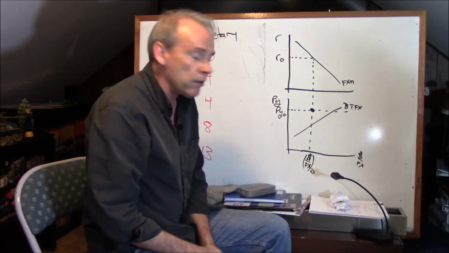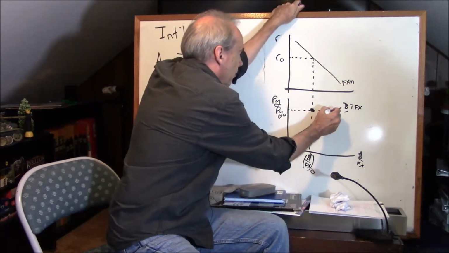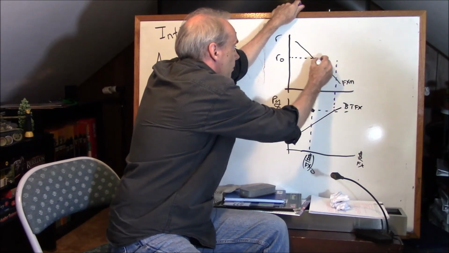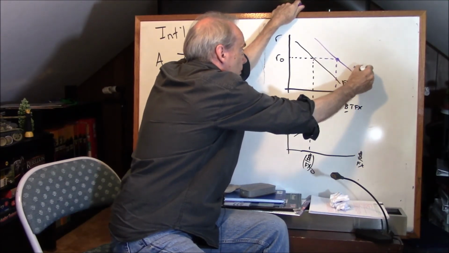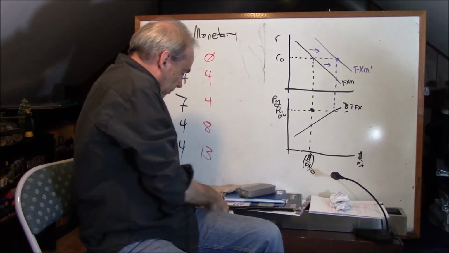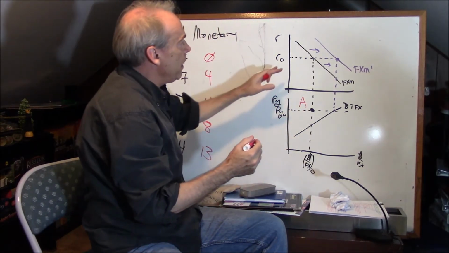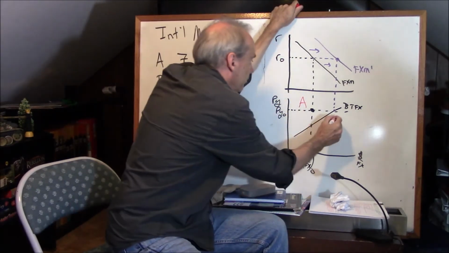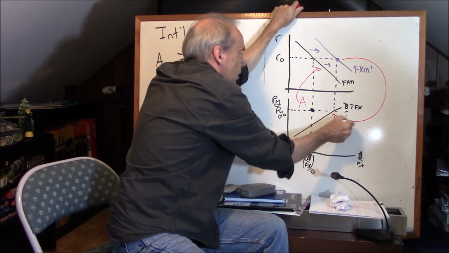And how long do they think it'll depreciate? Well, until there's not a trade deficit. So in the situation that began at point A, that would lead to this shift up here. That leads to that shift, which leads to point B.